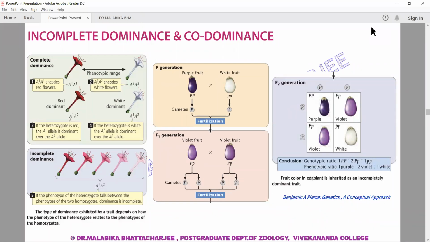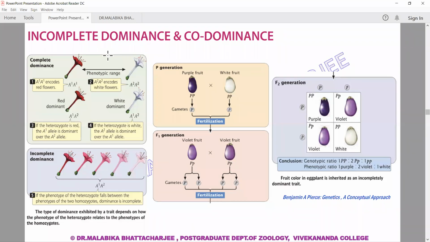Mendel clearly pointed out that if a trait is masked in heterozygous condition, that is recessive, and the one that expresses is the dominant. Now let us look into some deviations from the traditional Mendelian experiments which Mendel had observed.